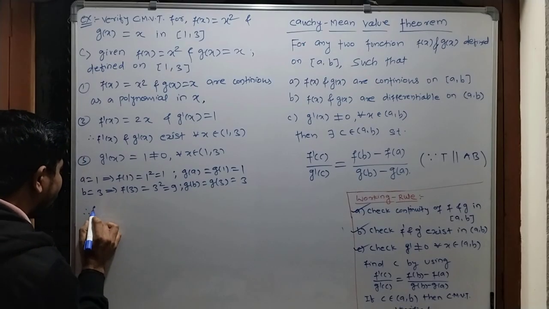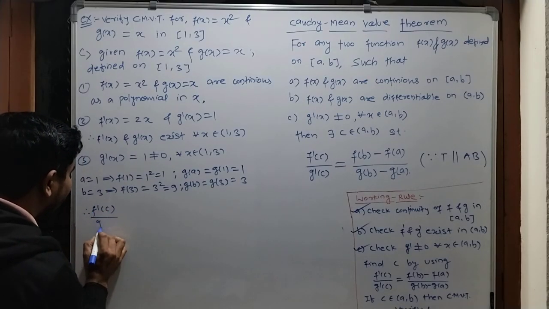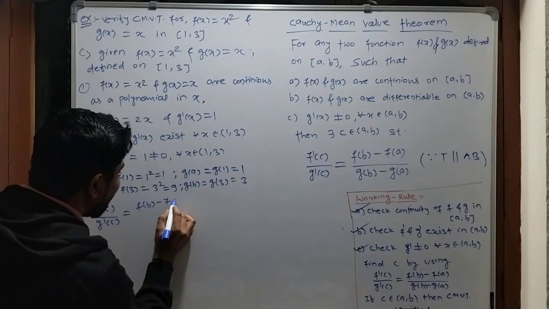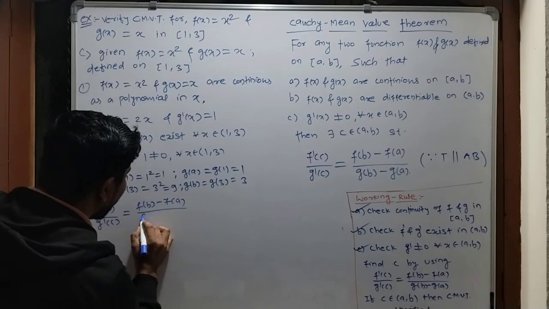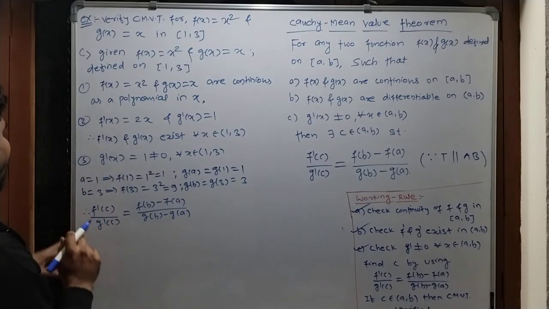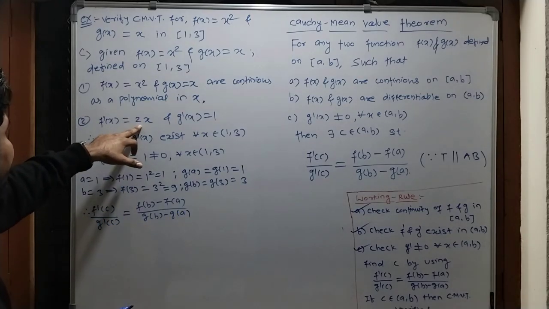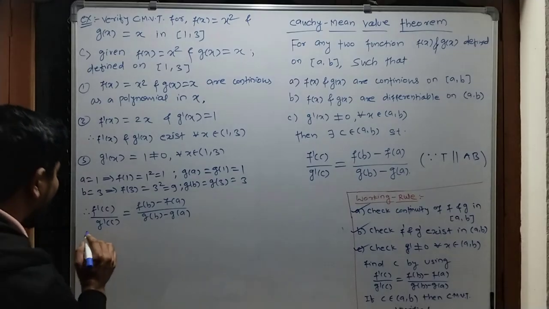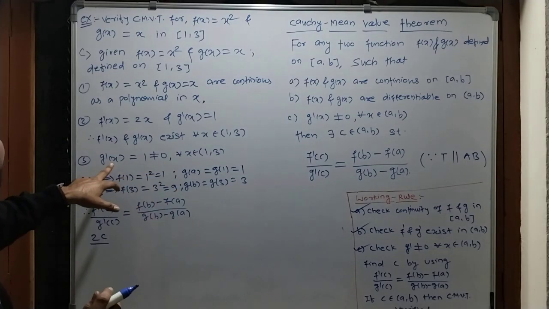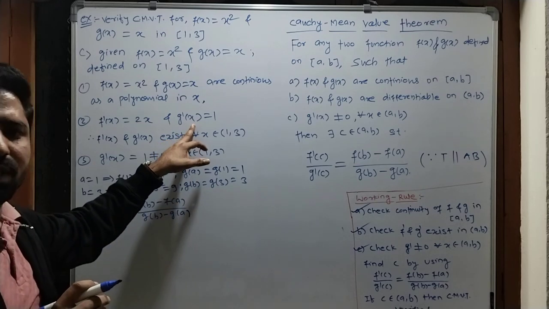Therefore f'(c) divided by g'(c) is equal to f(b) minus f(a) divided by g(b) minus g(a). Now f'(x) equal to 2x, then f'(c) equal to 2c, divided by g'(c). Since g'(x) equal to 1, g'(c) is also 1.